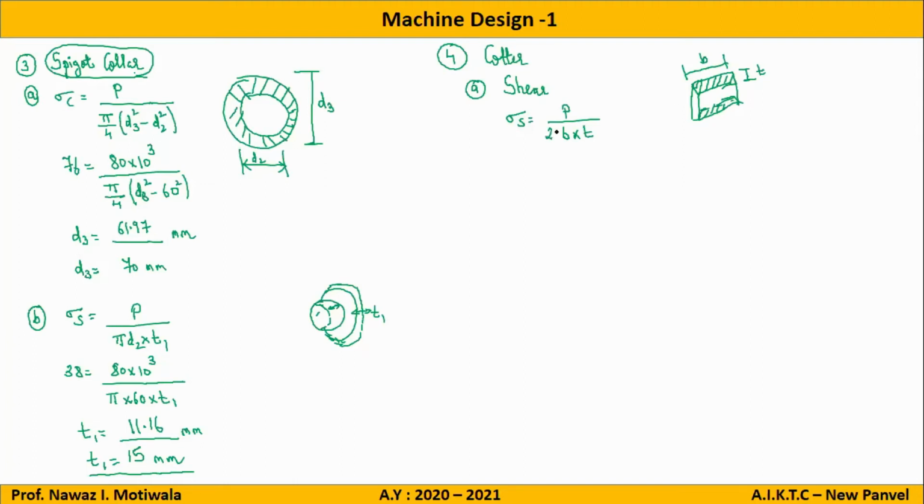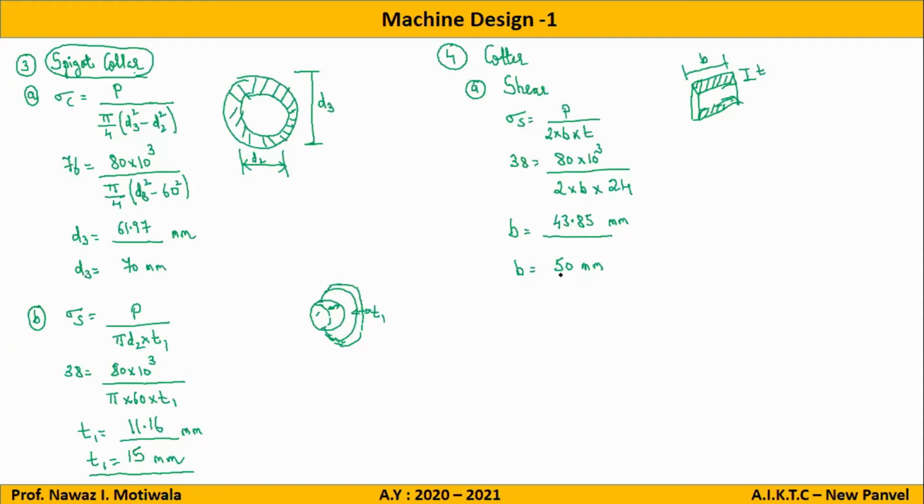So it will be 2 into B into T. Now sigma S value we have as 38, P value we have as 80 into 10 raised to 3, divided by 2 into B into T. What is the value of T we found out earlier? 24. Yes, it was 24. Now the only unknown in this equation is B, which is 43.8. Let us say B is equal to 50 mm.